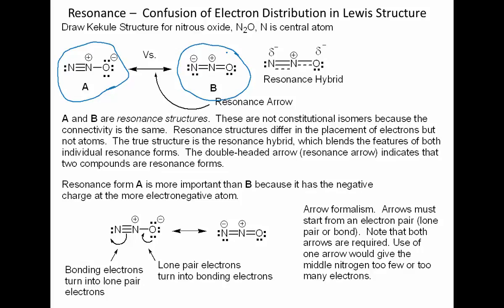And if you looked at the structure of nitrous oxide, you would have to say it would contain some of the structural elements of both A and B. Okay, we would say that the true structure of nitrous oxide would be some sort of blend of the structures of A and B, and the structure here called the resonance hybrid would be the true structure.